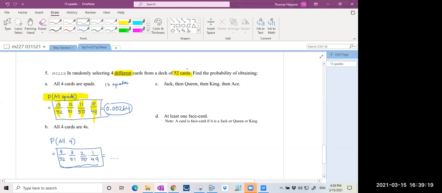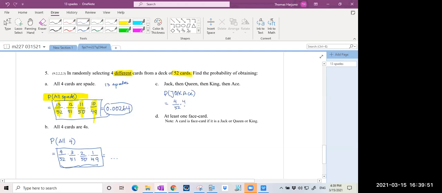Now, part C, what is the probability to get Jack and then Queen and then King and then Ace in that order? Now, how many Jacks in these 52 cards? Yeah, 4 out of 52, right? And then what is the probability that the next one is a queen? How many queens do we have?